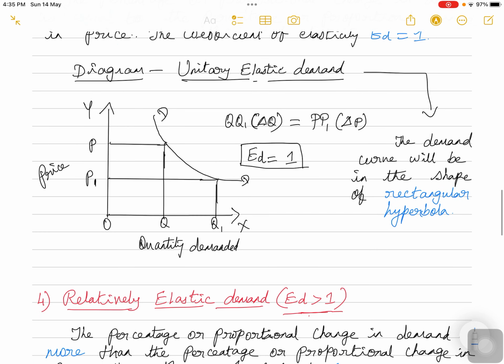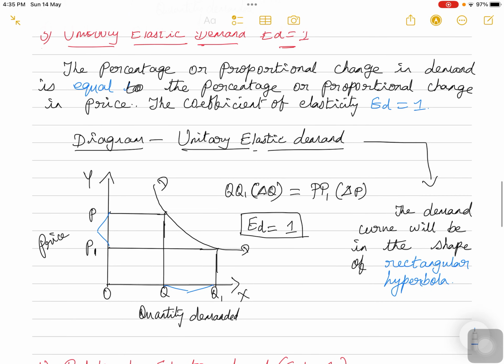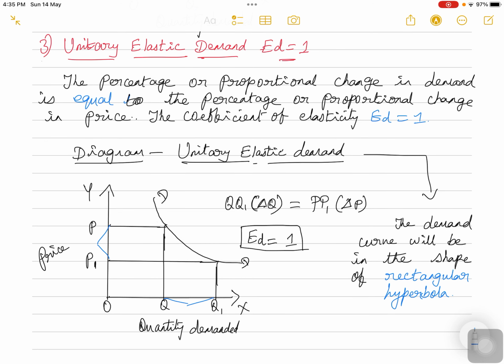So you can see in unitary elastic demand, what you are observing, QQ1, that is delta Q, is equal to PP1, that is delta P. That means this gap, Q1, and this gap, P1, are both the same. So the percentage or proportional change in demand is equal to the percentage or proportional change in price of the commodity.